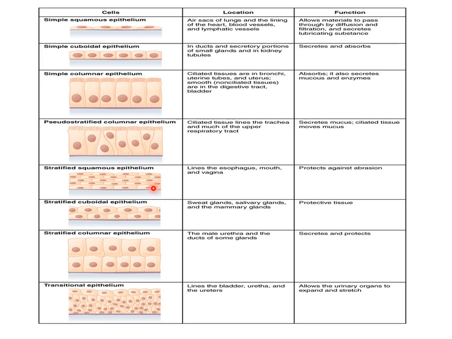The stratified epithelia are more for protection against abrasions, lining the esophagus, the oral cavity, and the vagina. The stratified cuboidal epithelium lines the sweat glands, salivary glands, and mammary glands. And the stratified columnar lines the male urethra and the ducts of some glands, also providing protection and secretions.